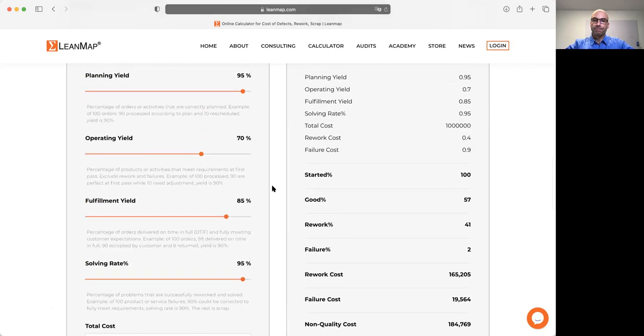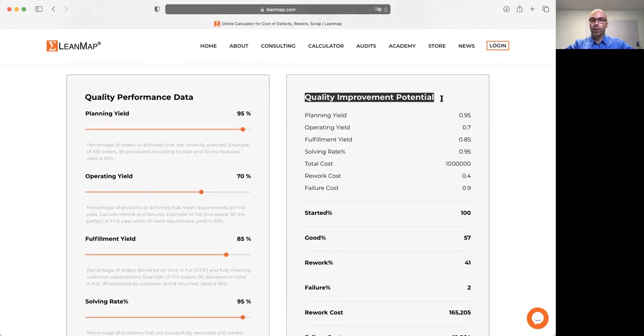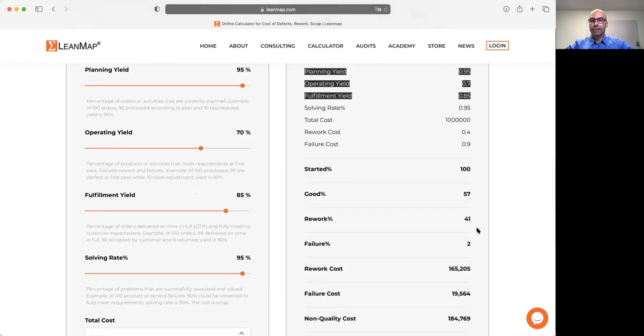This would mean the quality improvement potential is at the planning yield, operating yield, and fulfillment yield. We are multiplying these three, and we are getting a good rate of 57%, and 43% is not passing right first time.